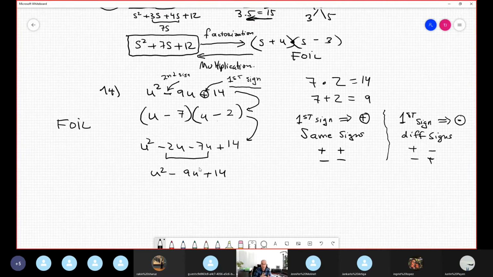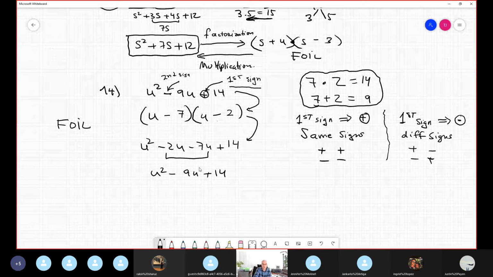Let me try to emphasize. To understand the sign, well, the combination was easy in this example. The key that opened the door was 7 and 2. This is clear for everyone. The sign is a little bit confusing so far. So you analyze two signs.